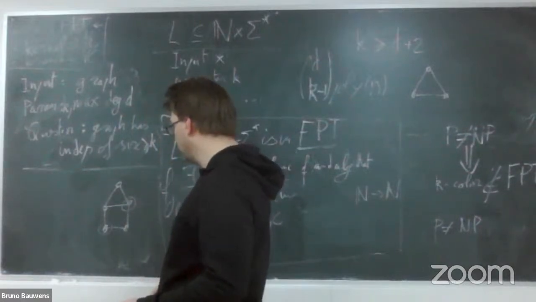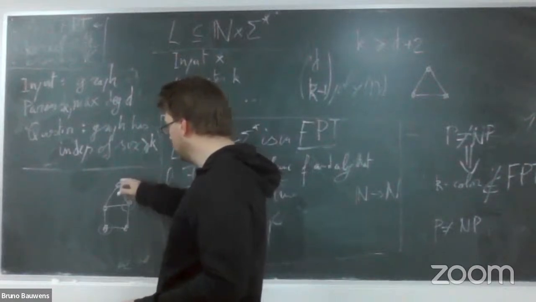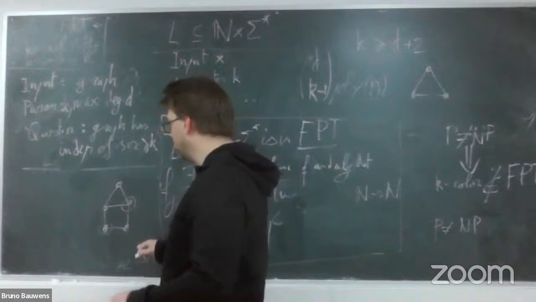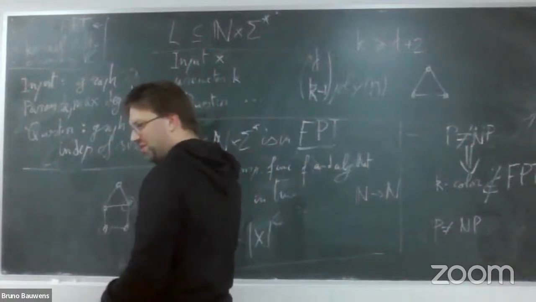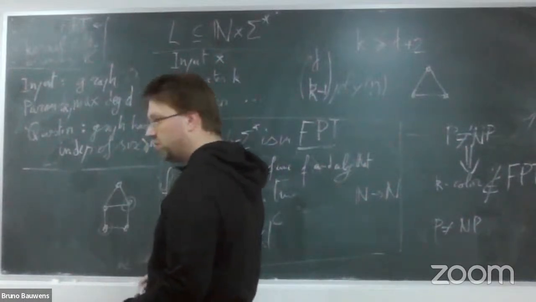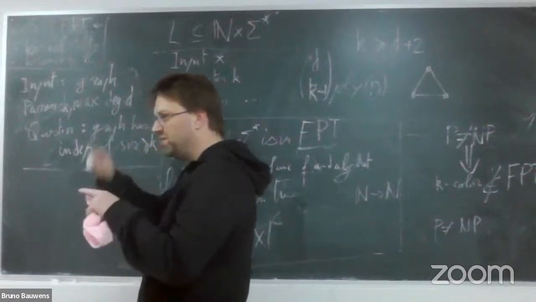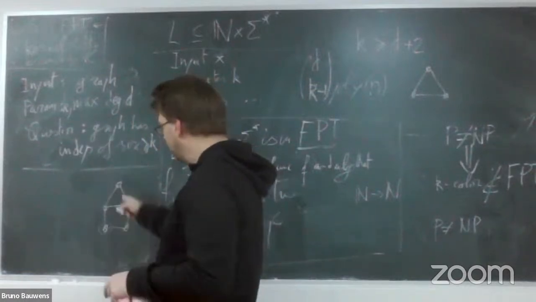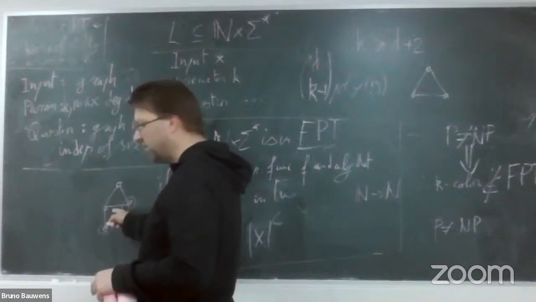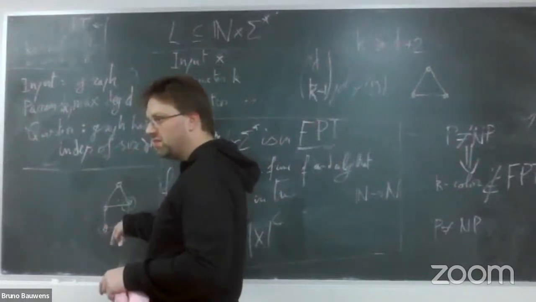But it doesn't have an independent set of size 3, because we have only 5 nodes and there is a cycle. Even if we ignore this one, there is no independent set of size 3.